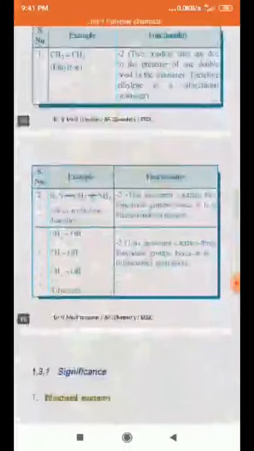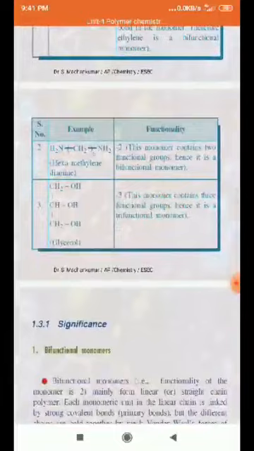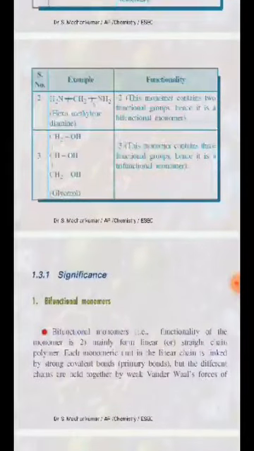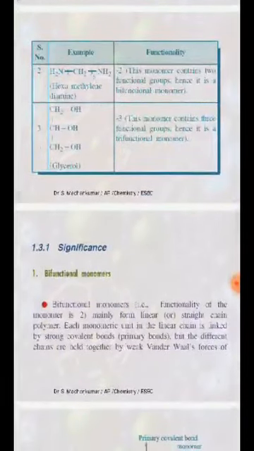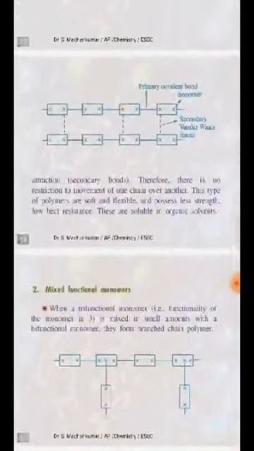Next one, its significance. Bifunctional monomers. A bifunctional monomer mainly forms a linear or straight chain polymer. Each monomeric unit in the linear chain is linked by strong covalent bonds, that is primary bonds, but the different chains are held together by weak van der Waals forces of attraction, which are secondary bonds.